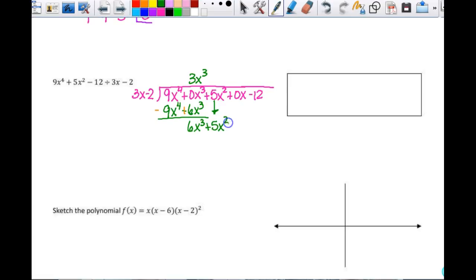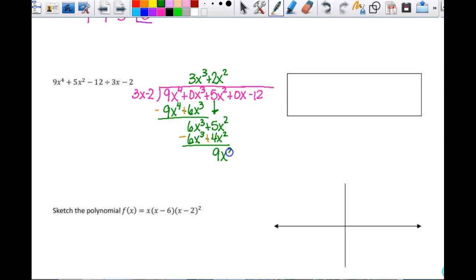It's 5x squared. So 3x goes into 6x cubed 2x squared times. So 2x squared times 3x is 6x cubed. Then this is going to give me negative 4x squared. Change the signs. Don't forget to change the signs. Watch your signs. That's what threw some of you off on some of these.